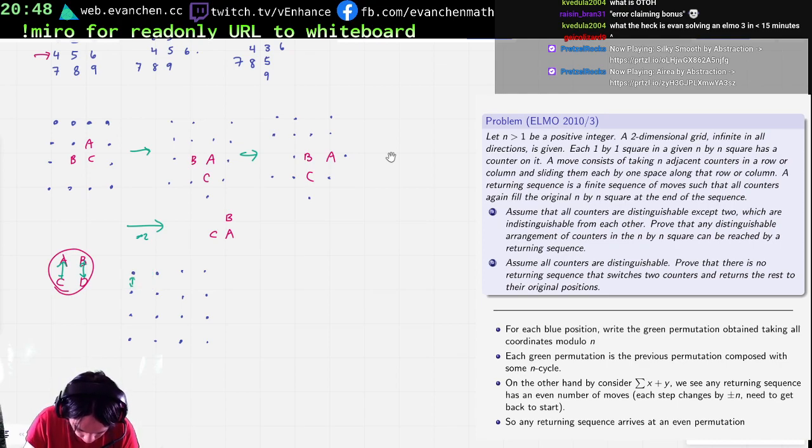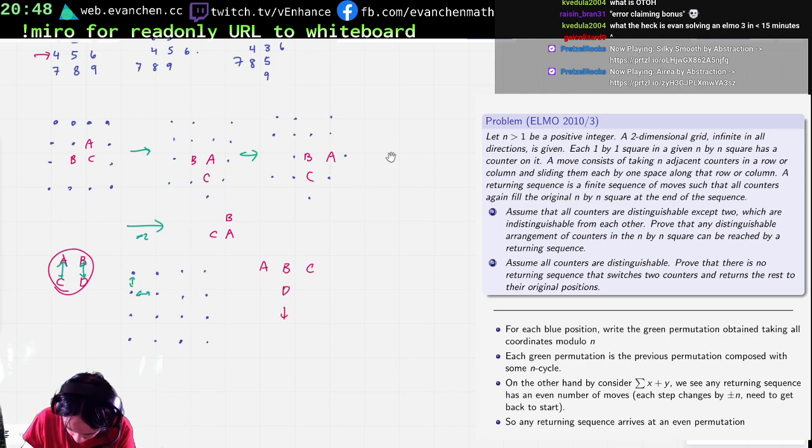Like I can do this. I can move these up and slide these perpendicular to their direction. Also, if I compose this with, can I get a 3 cycle? Oh man, I'm bad at visualizing stuff.